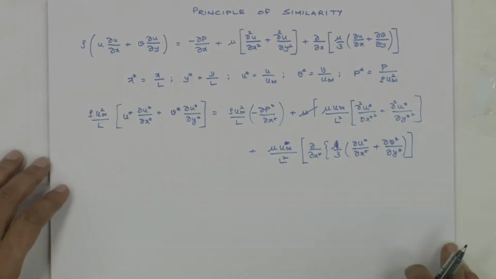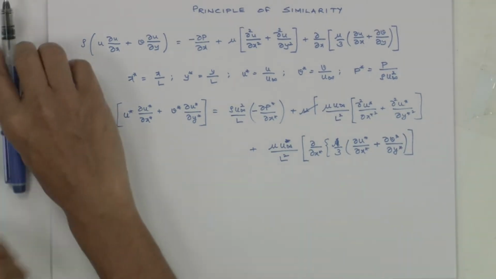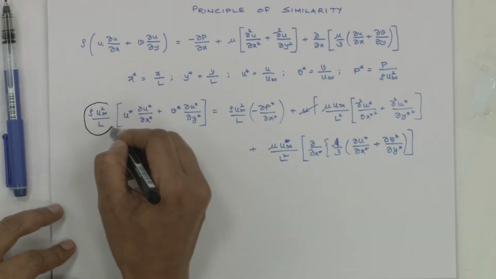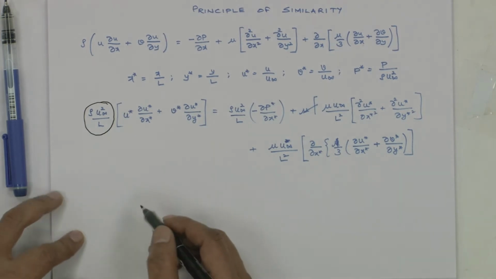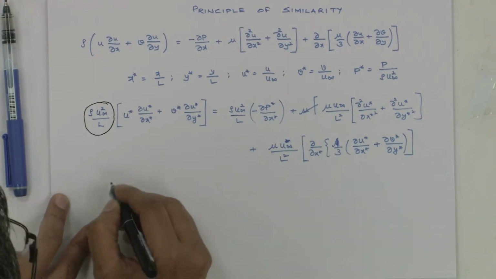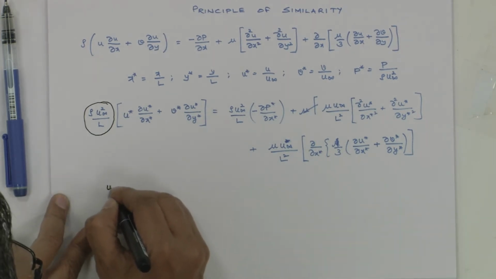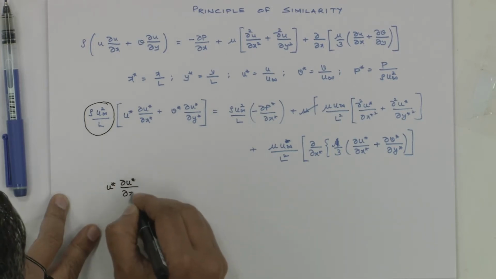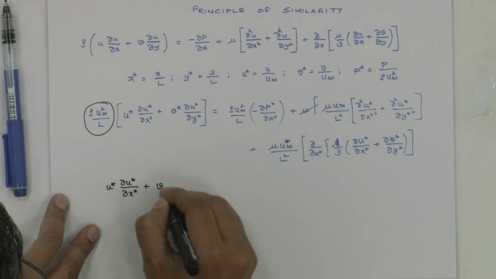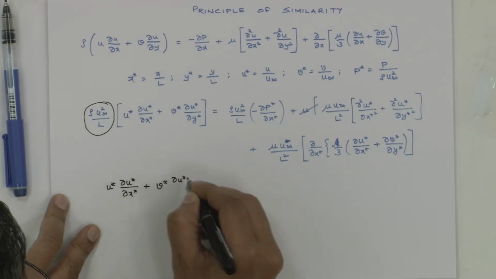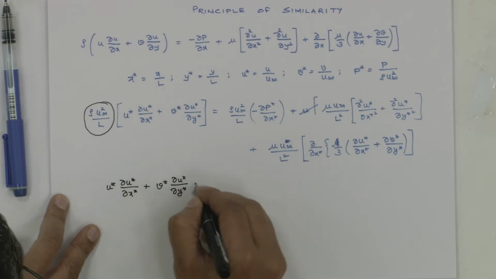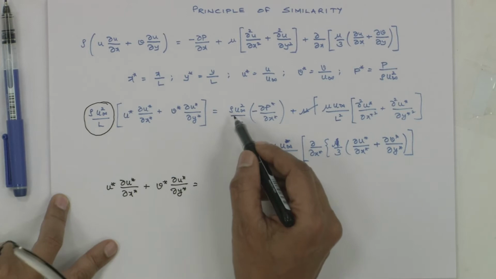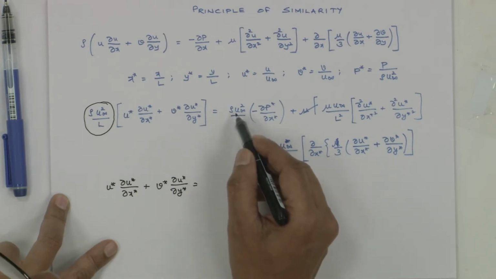In the next step, I will divide this throughout by rho u infinity squared by L. If I divide that, what will I get? On the left hand side, u star del u star by del x star plus v star del u star by del y star, and this is equal to, since I am dividing by rho u infinity squared by L only, I am supposed to get 1, isn't it?